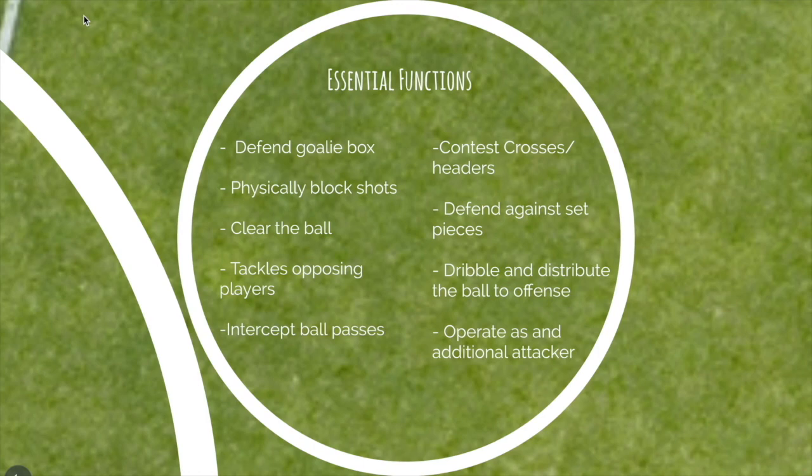They have to dribble and distribute the ball in attacking scenarios. And finally, they have to operate as an additional attacker in those attacking scenarios. These essential functions detail what the person in this position will mostly be doing in their role, and this will also be used as the criteria by which the individual will ultimately be evaluated.